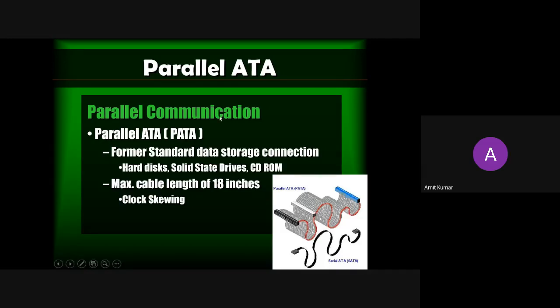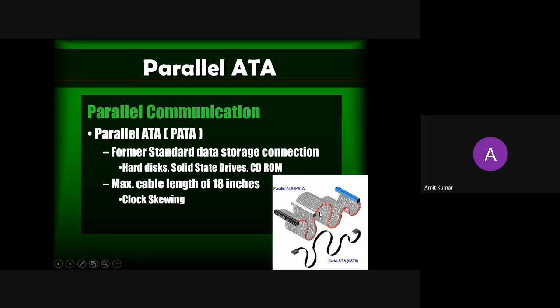Now the parallel communication using these kinds of cables is known as PATA, parallel ATA. You can see this kind of cable inside your laptops or inside your CPU. These cables can be used for communication between your hard disk and your processor.